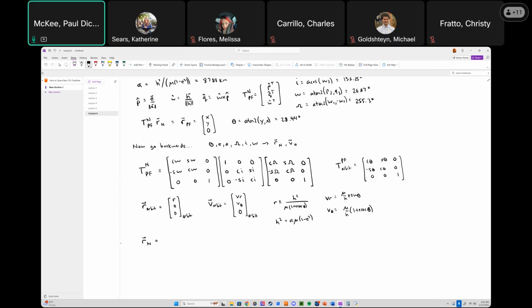Yep, absolutely. In this case, I like to think right to left. So it's the orbit frame position. We need T that goes from orbit to perifocal. Perifocal is kind of like our halfway point. And then we also need T that goes from perifocal to Newtonian. Well, we don't have either of those.